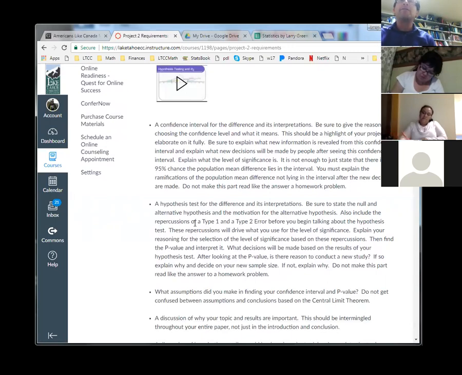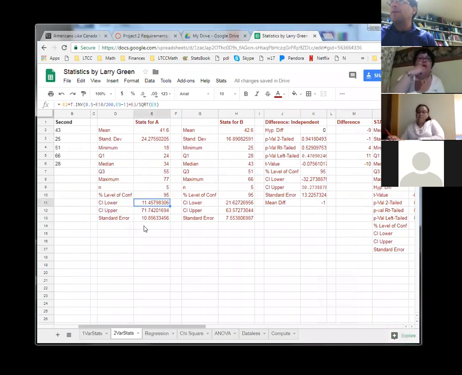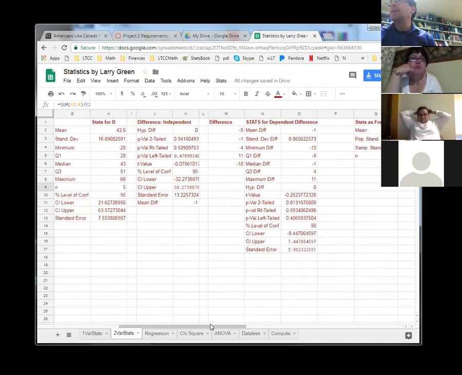They're not about individuals. So when we looked at this confidence interval, it's for the difference. Don't even bother looking at the confidence intervals over here or anything else over here. Maybe the means individually, that's about it. Everything else is not very important. It's really what it's all about is over here, these two.